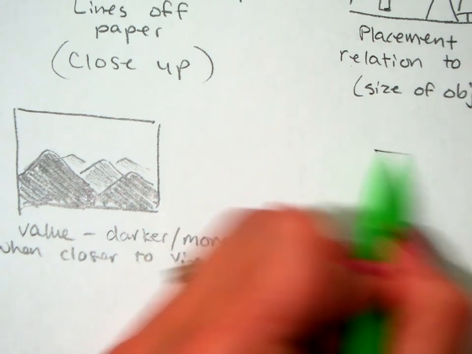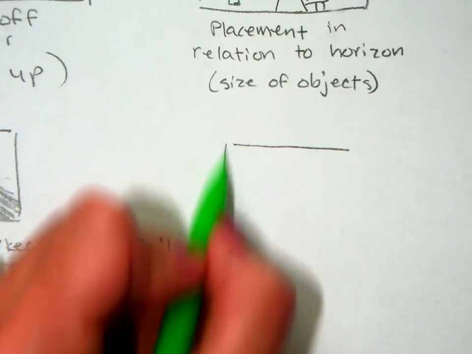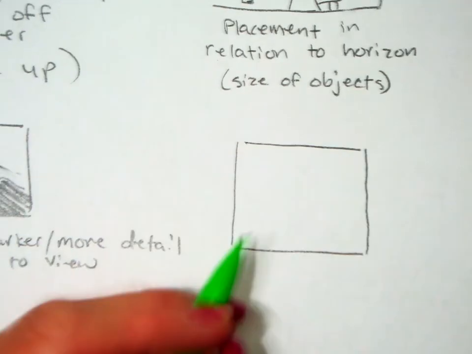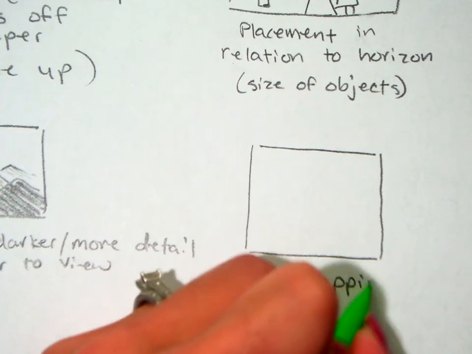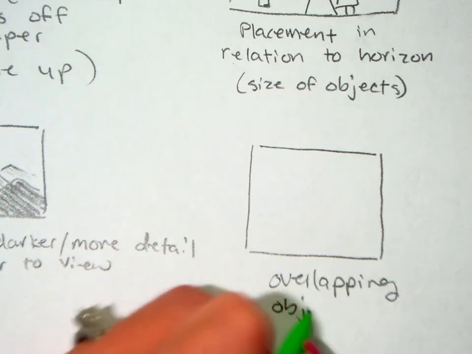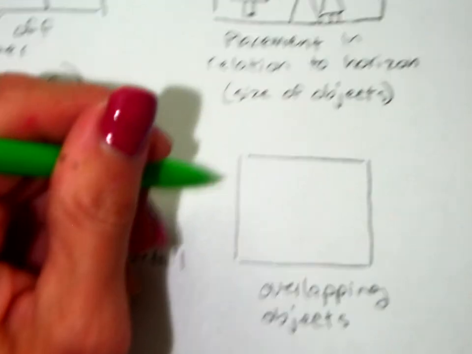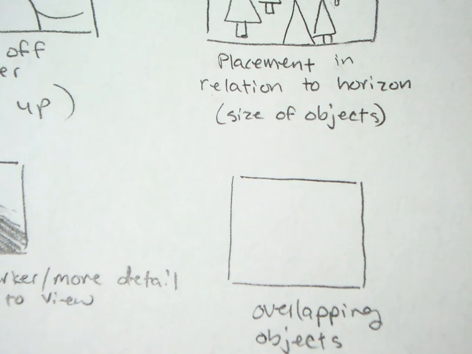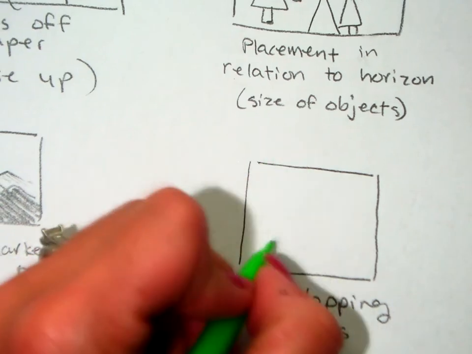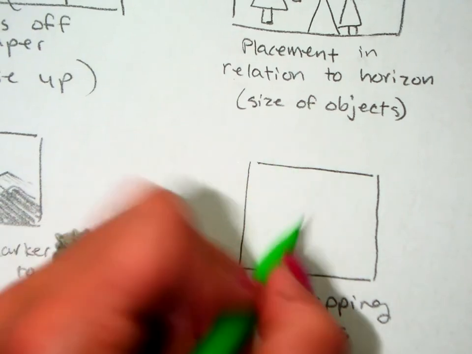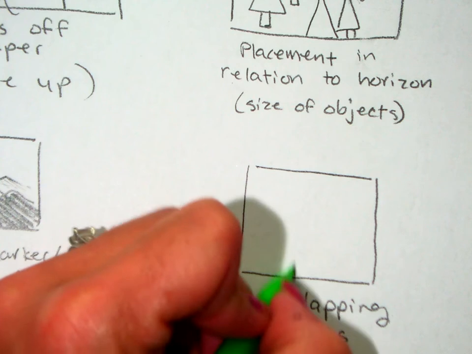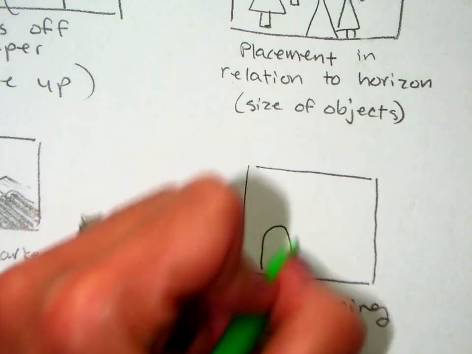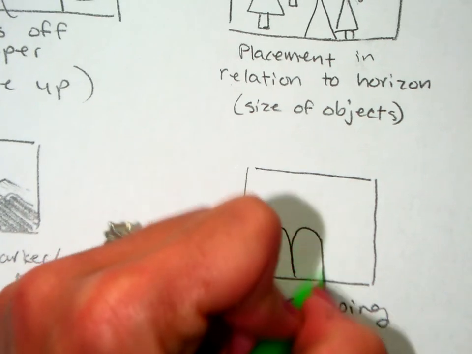Another way we can show space within our frame is by overlapping objects. And this is kind of similar to this, but you don't have to have a horizon line. Maybe I have a group of people, really simple looking people, but maybe a choir, and we have this front row.